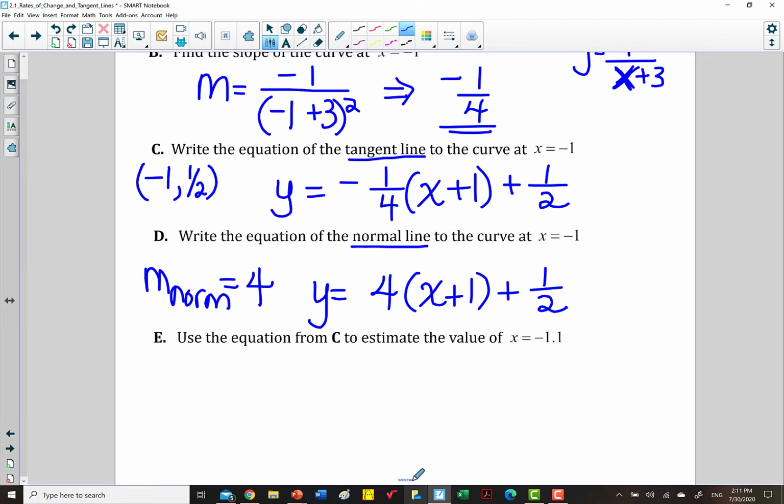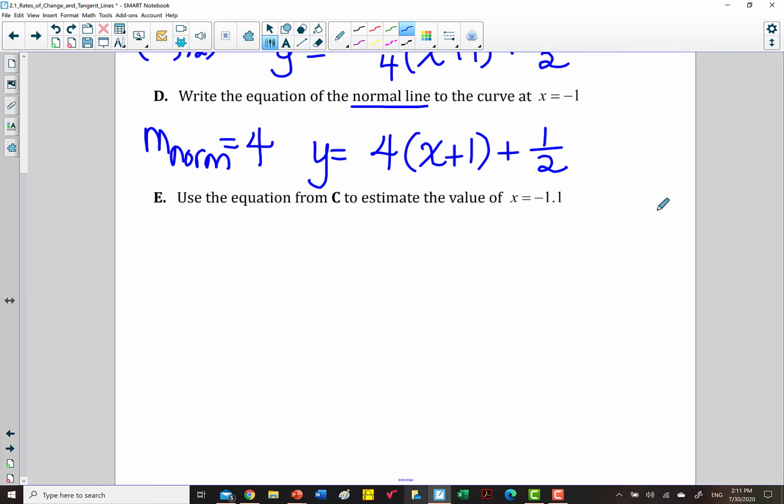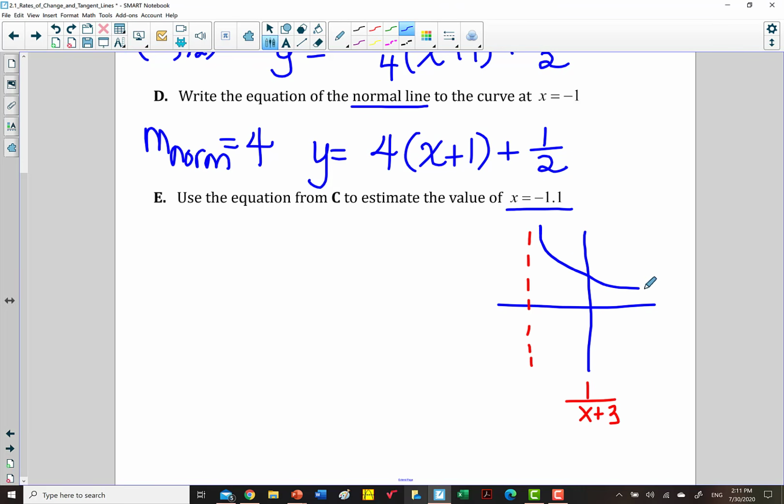And then the next idea, I want to draw you a picture here. If we had x is negative 1.1, you think about the equation, and you know that there's a vertical tangent line over here at negative 3 on that graph, 1 divided by x plus 3, and there's a branch up here, and there's a branch over here.